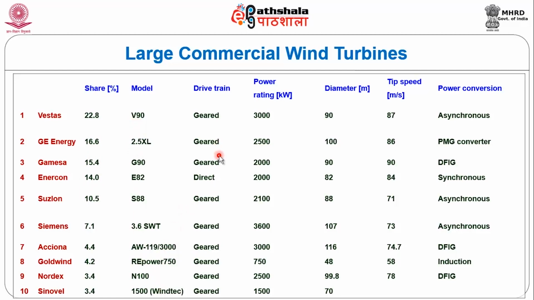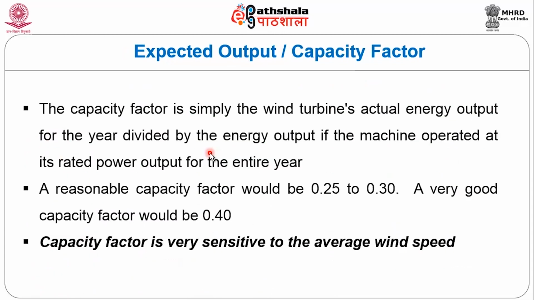This is the drive train, and there is the power rating of the machines, 3 megawatt and 2.5 megawatt, quite high capacity machines from 2 megawatt, 3 megawatt. It has become very common. This is the diameter of the blade, the rotor, this is the tip speed, and this is the power conversion. So, these are the large commercial wind turbines, and the expected output, the capacity factor.